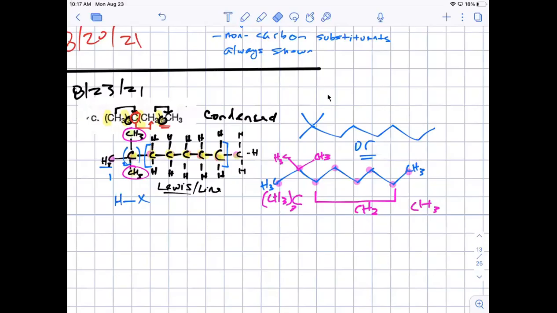There are no hydrogens on that carbon because it would have too many bonds. But anywhere you see a vertex and there are no other atoms attached to it, the carbon is understood to be a CH2. Great question. Anything else on that example?